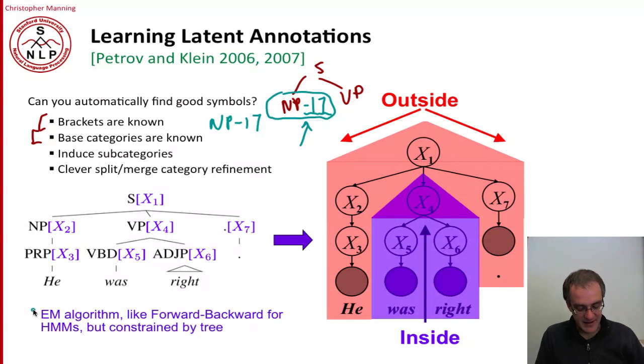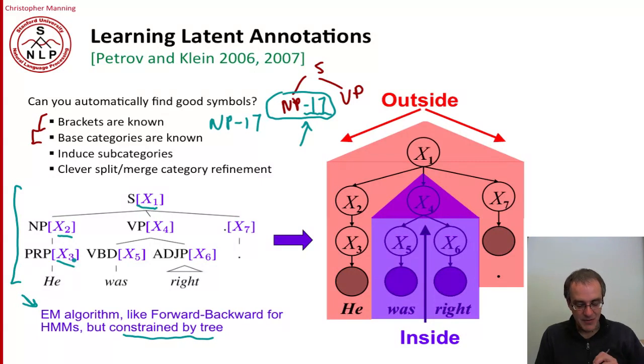If you've seen things in other classes like machine learning or probabilistic graphical models, it's a form of the EM algorithm, like the forward-backward algorithm used for HMMs, constrained by the pre-existing tree structure. So what you're doing is you have the pre-existing tree structure in black, and you're wanting to have a probability distribution over different latent substates of each category.